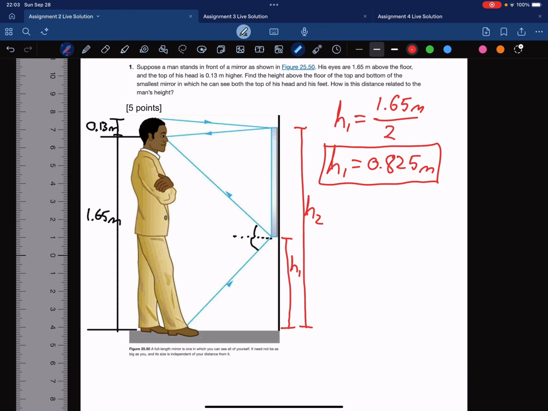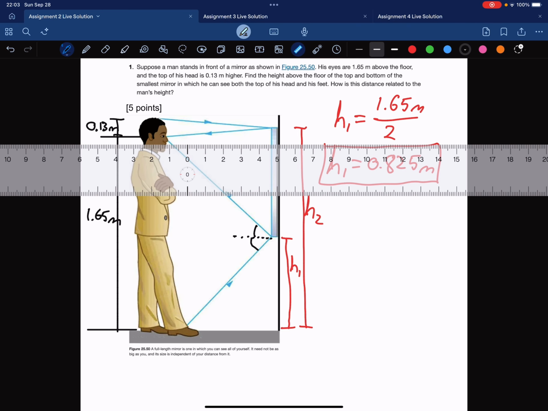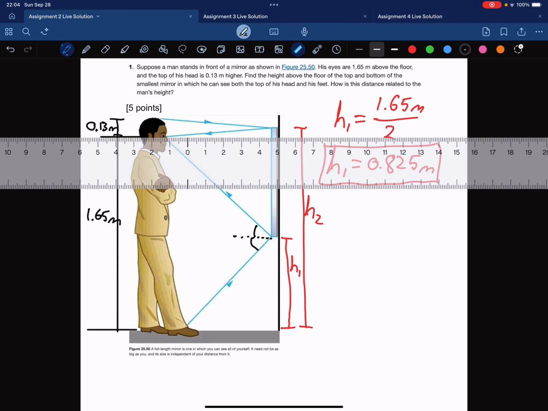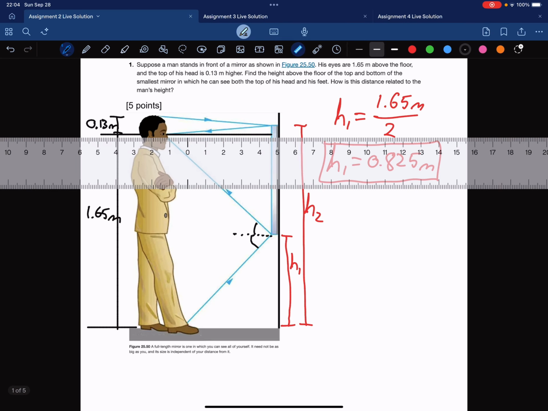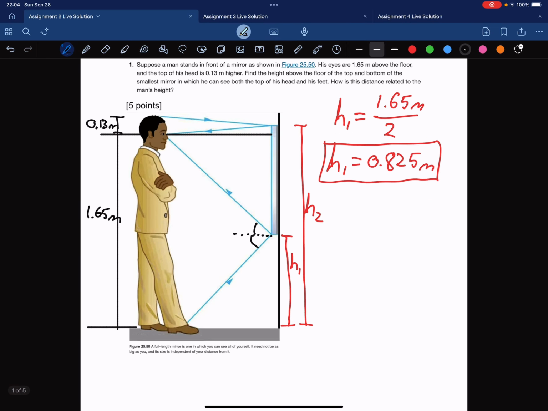Height 2. Now, this one, if I extend this original line I drew from his eyes all the way across, I see that the mirror actually goes a little bit above where his eyes are.